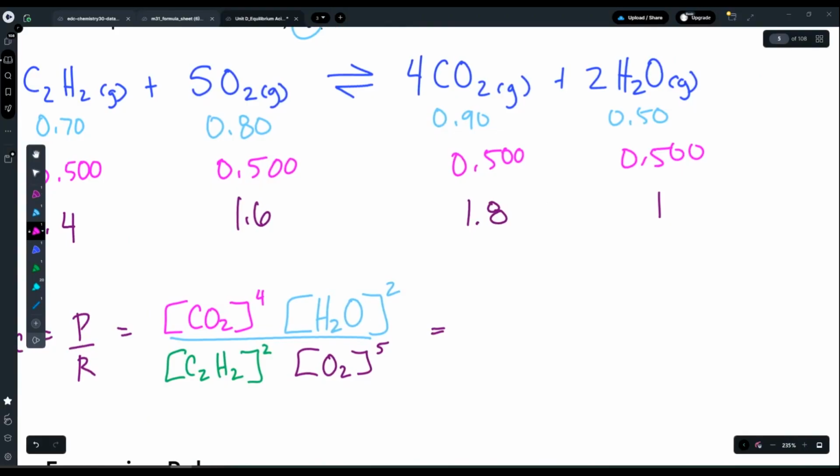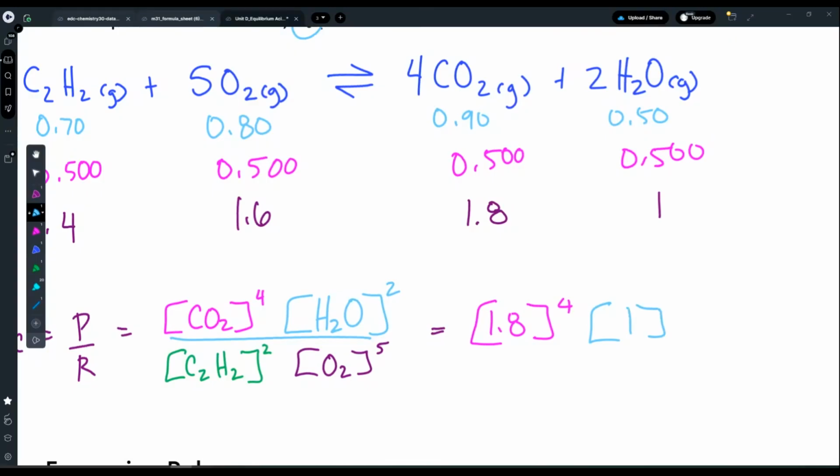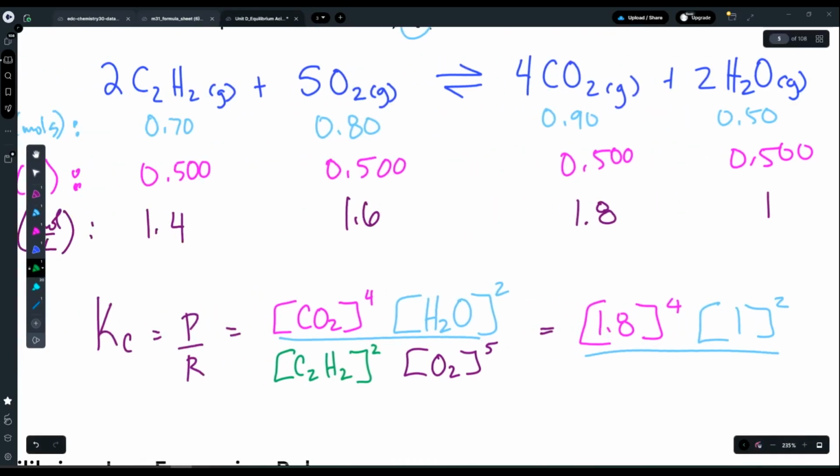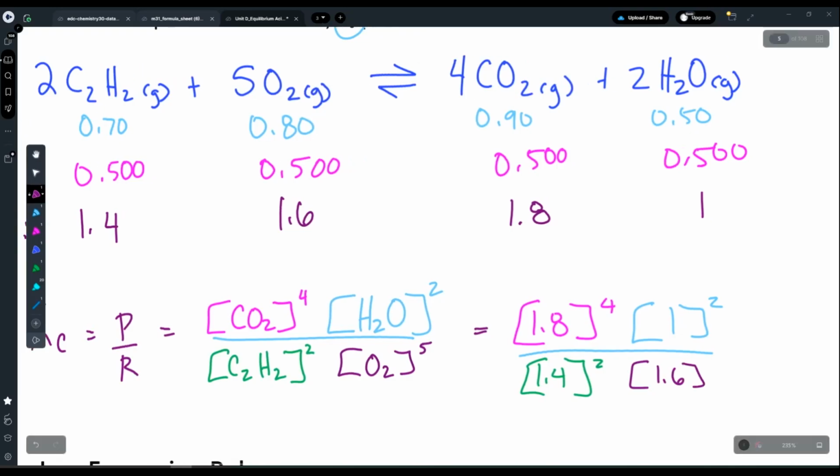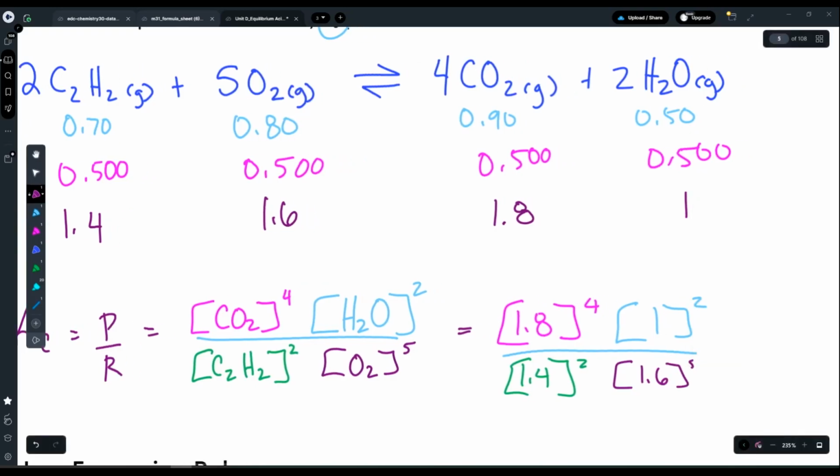For carbon dioxide, that was a concentration of 1.8 raised to the power of 4 times 1 for water vapor raised to the power of 2, divided by 1.4 raised to the power of 2 times 1.6 to the power of 5.